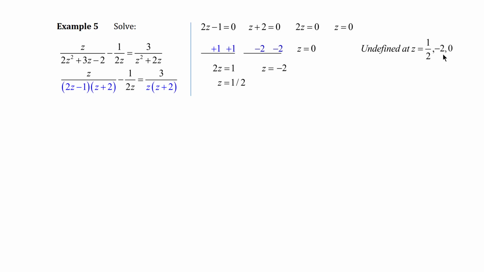Next, we get rid of all the fractions by multiplying each term by the LCD, 2z, parentheses 2z minus 1, times parentheses z plus 2.